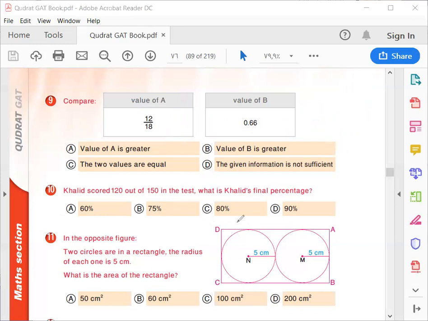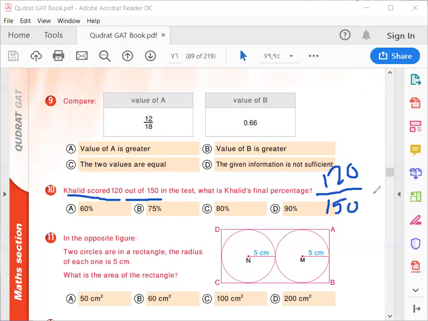What is Khalid's final percentage? We want to find the percentage, the ratio. Khalid scored 120, so I put it 120, right? And out of what? Of 150, you put it in denominator 150.